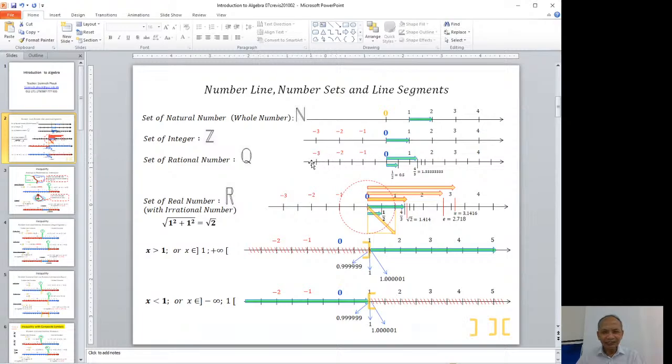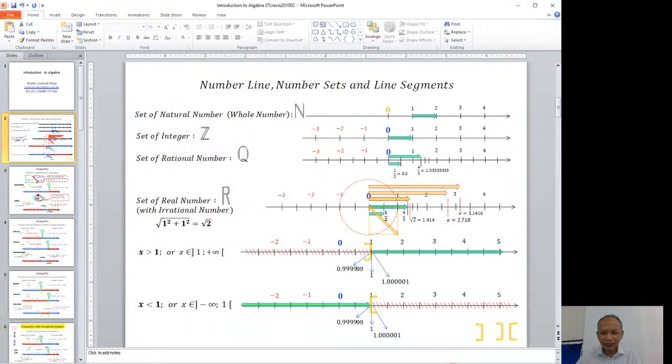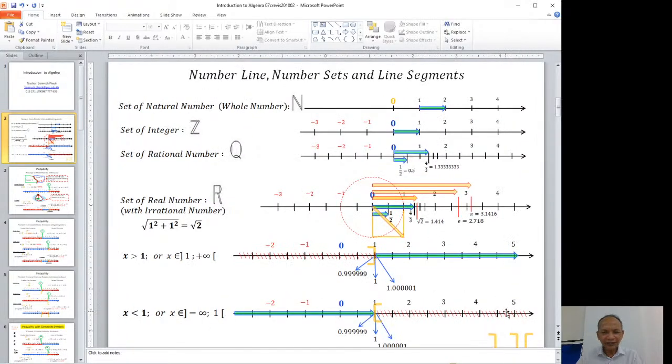And after that we have all the fractional numbers Q, fractional number, quotient. It means the number that is a result of the division.